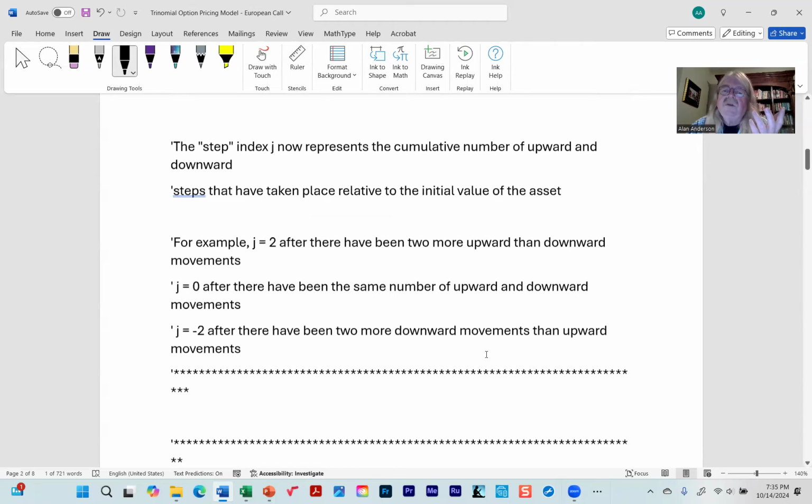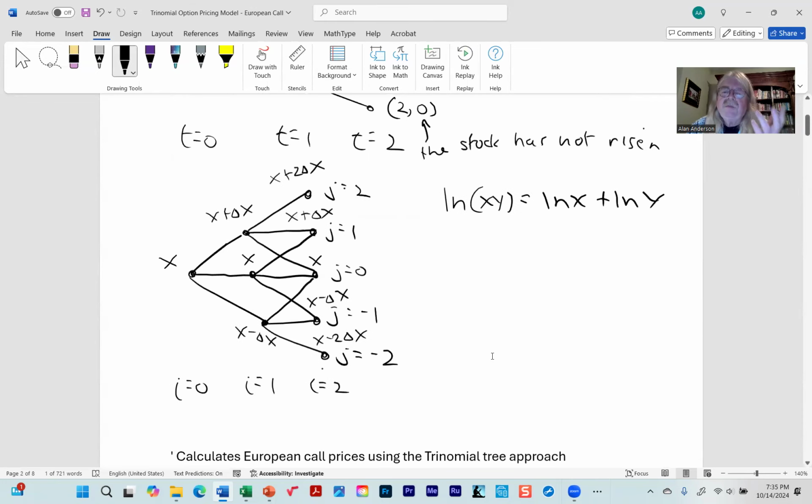So basically what we're going to do is figure out the maximum number of time steps based on I. So here, for example, if this is a 2-period model, we're going to need 5 rows and 3 columns. Okay. So we're going to fill up the tree.